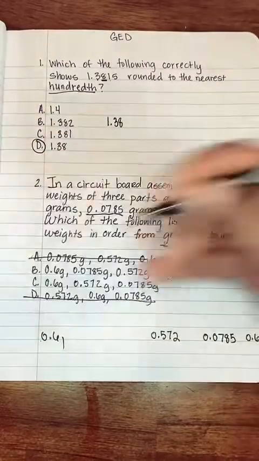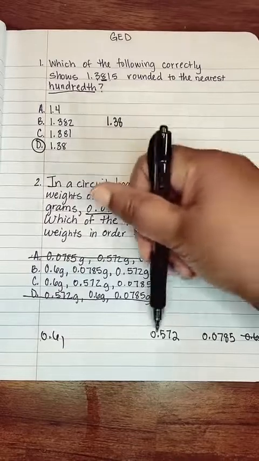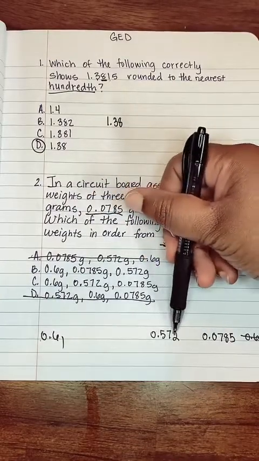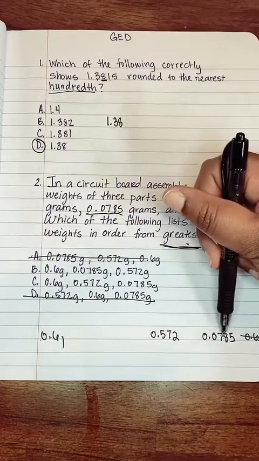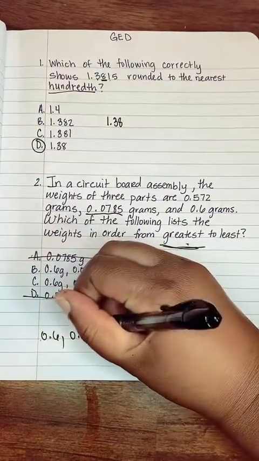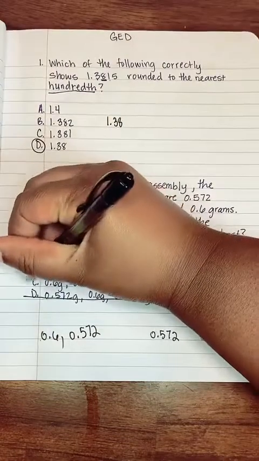Is 57 cents bigger or is this 0.07 cents? Well, 57 cents is bigger. So C, if you said C, you would have gotten it correct. Yes, C is the correct answer.